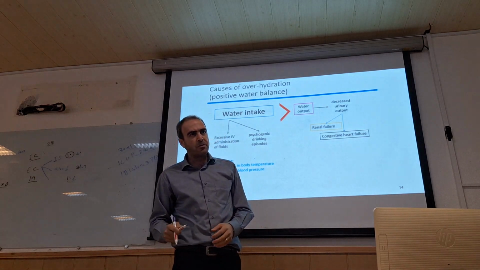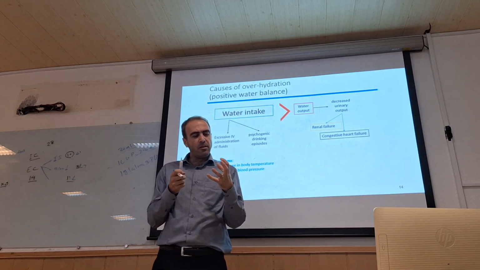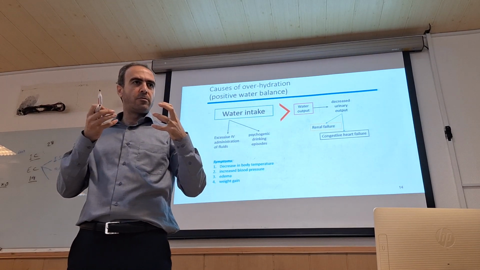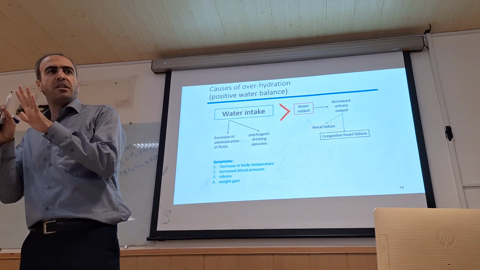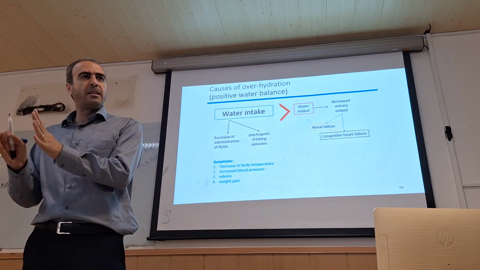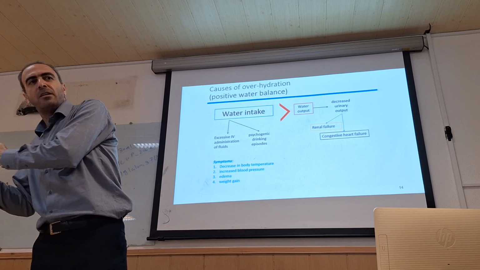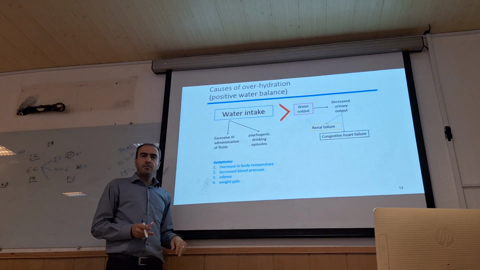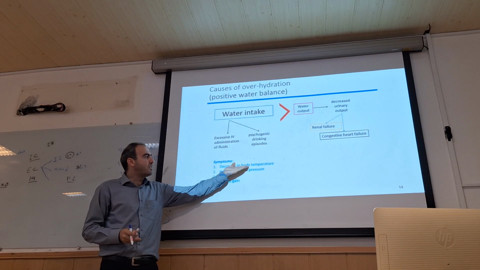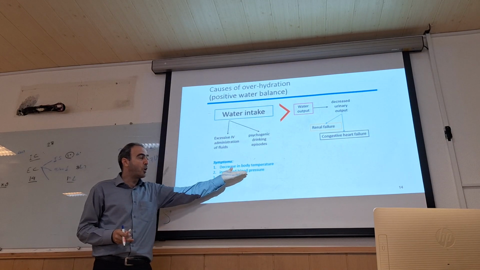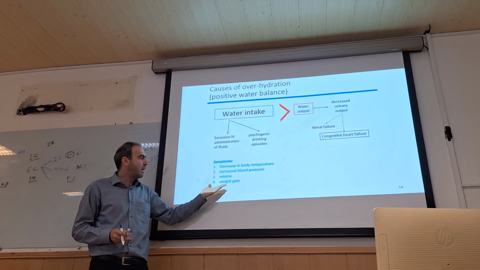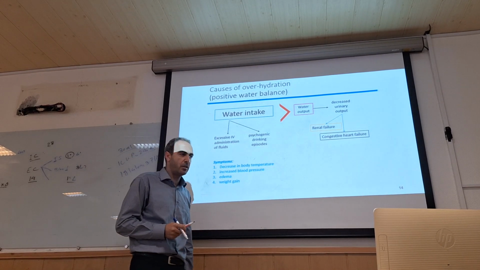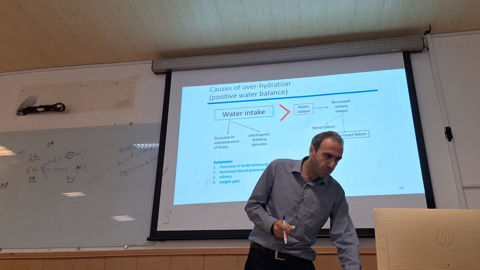When we have heart failure, the amount of blood and water received by the kidney is low, and then the amount of water lost by the kidney is low. The symptoms are decreased body temperature, increased blood pressure, edema, and weight gain. Edema is especially important among these.